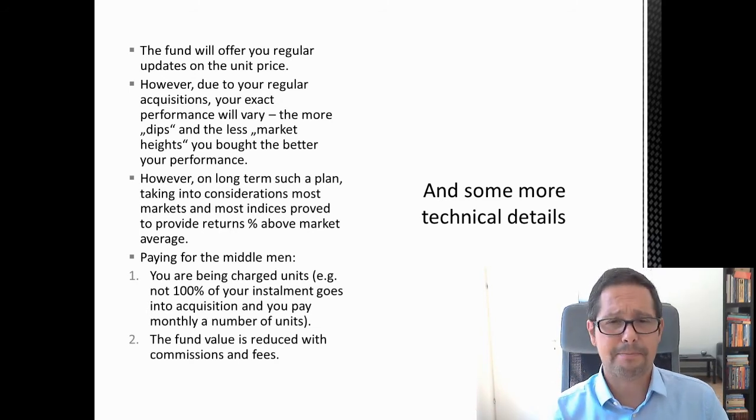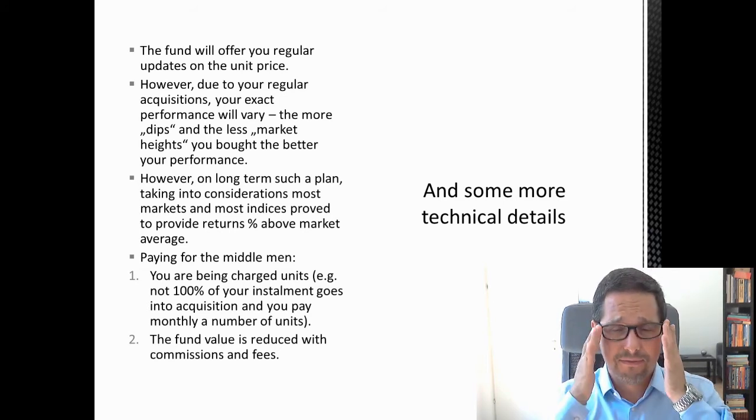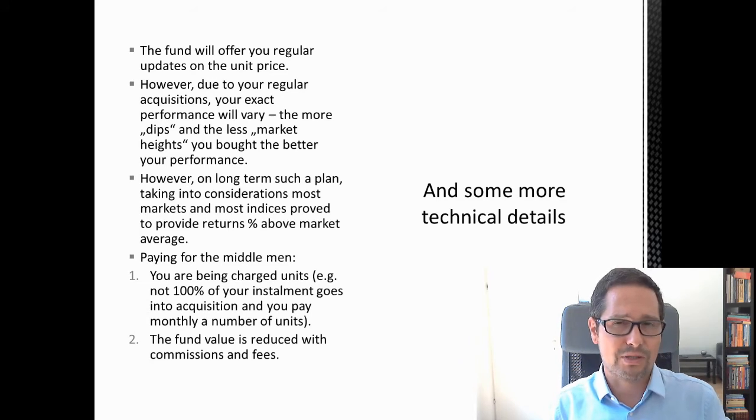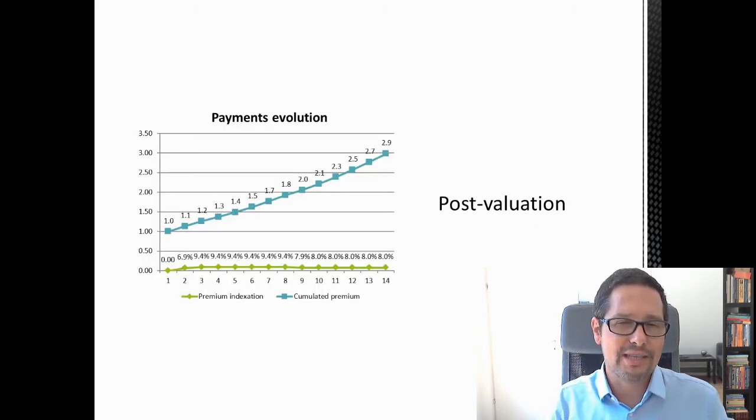That being said, we go directly to the post-valuation. For this life insurance with unit-linked plan, you can actually do a pre-valuation taking into consideration the price increases from the past or something like that, but it's not really feasible.